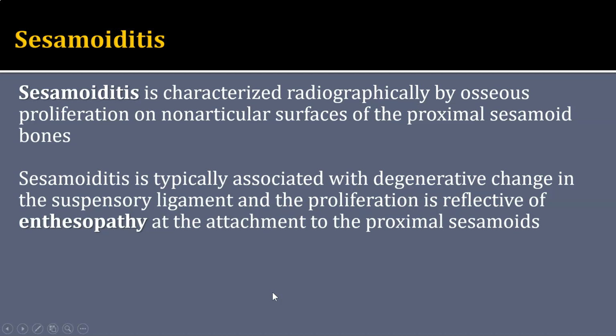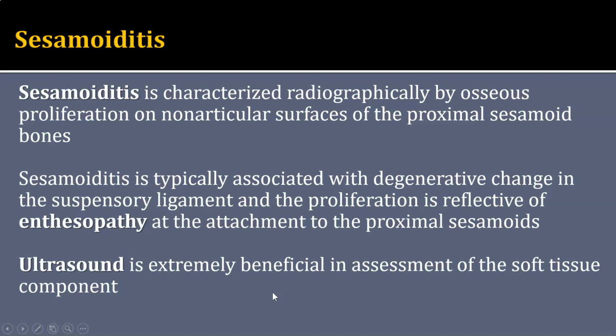The osseous changes reflect chronic changes, and they can be due to previous inactive disease or current active disease. So therefore, ultrasound can be extremely beneficial in assessment of the soft tissue component to look for current active disease of the soft tissues.